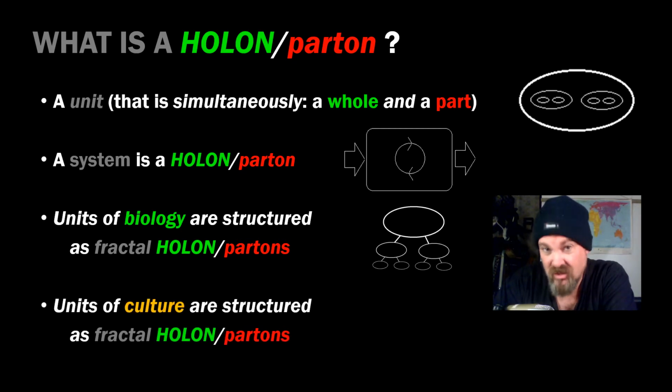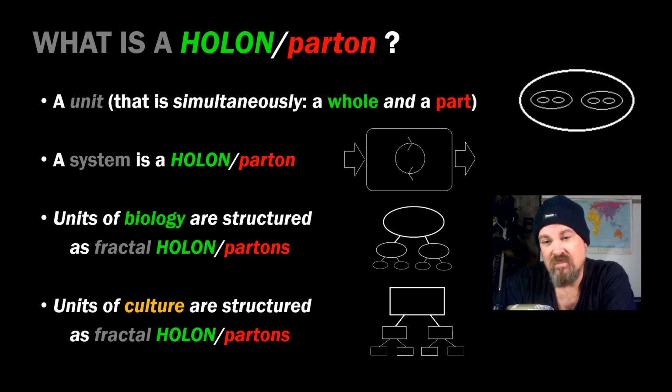And units of culture, or information, or ideas, processes, and products are also structured as fractal hold-on partons. So there's a symbol for those. It's a little bit more Euclidean geometry rather than looking biological like the one above. Anyway, a hold-on parton is a unit that is simultaneously a whole and a part at the same time.